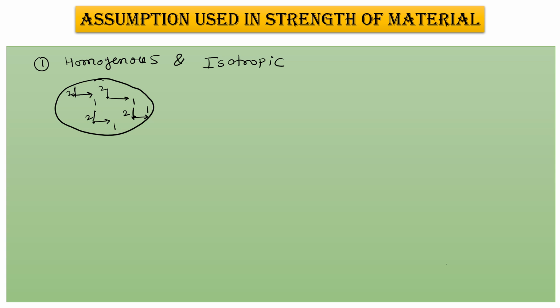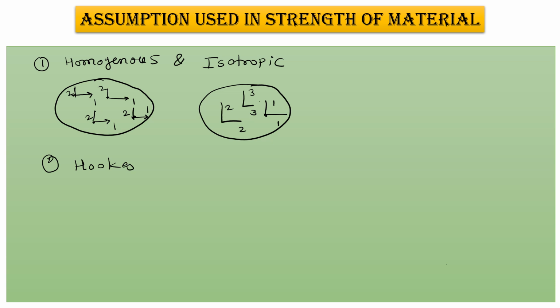This is nothing but homogeneous. In the case of isotropic, the definition is the same property in each and every direction at a particular point, for x and y, at this point for 1, then for 2, then for 3. This is isotropic. Second, Hooke's law is valid here. Hooke's law is nothing but stress is directly proportional to strain.